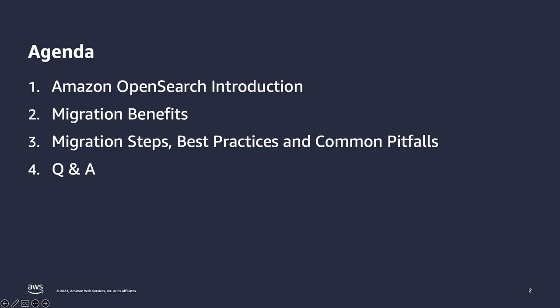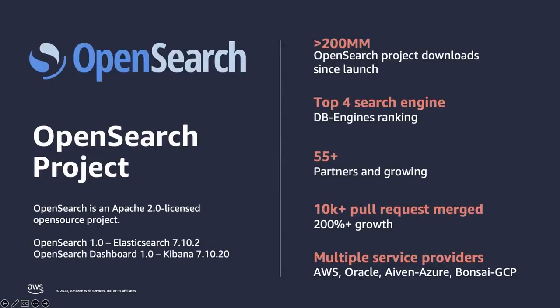So we'll start with a brief introduction on OpenSearch itself. OpenSearch is an open source project under Apache 2 license that was launched back in April 2021. So today we have an active community of contributors, with organizations like SAP, Capital One, and Red Hat publicly backing OpenSearch.